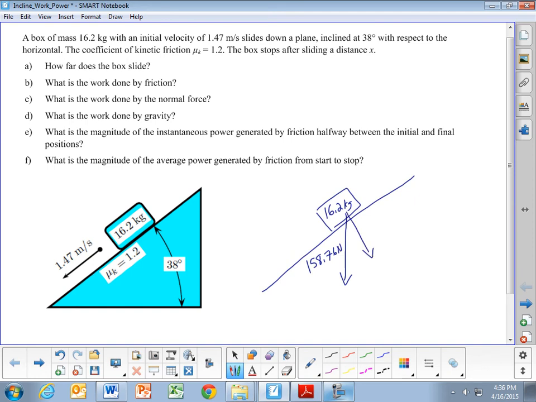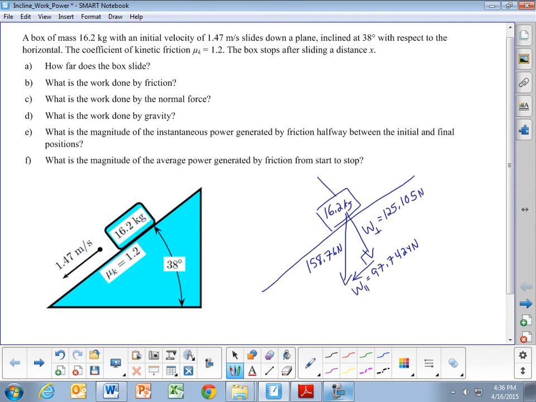So we have the component that's perpendicular to the ramp and the component that's parallel to the ramp. This parallel component of the force of gravity is 97.7424 newtons. This perpendicular component of the force of gravity is 125.105 newtons.